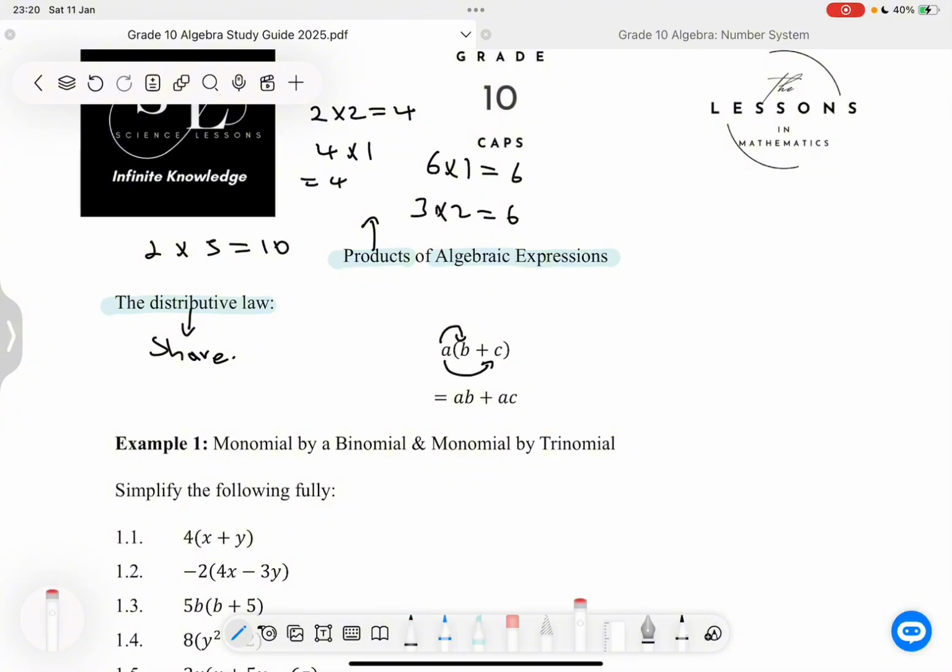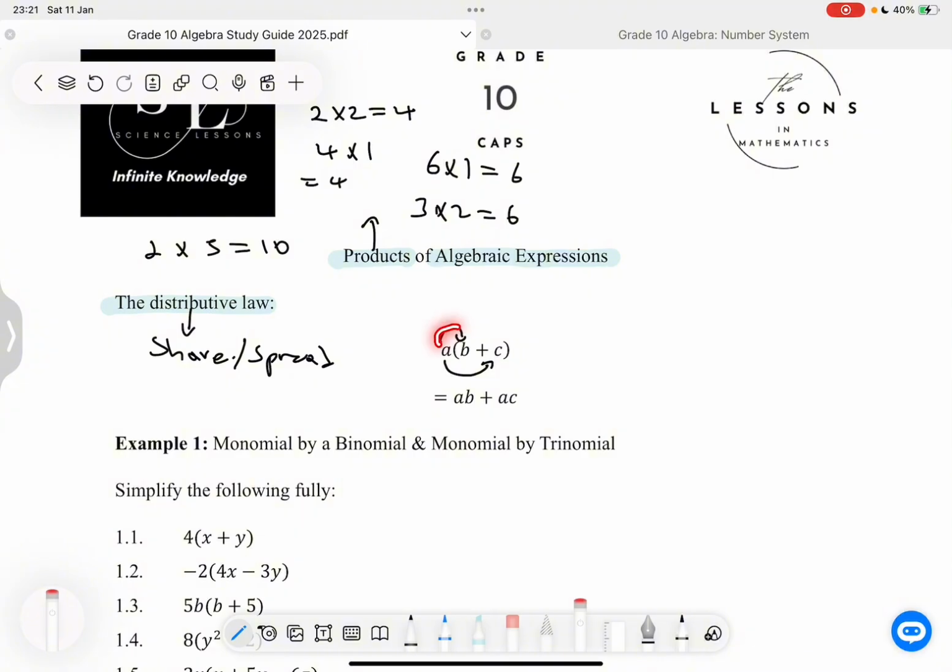It has to be shared between A and B. It has to spread. Another way of understanding distribute is that you spread. It has to be spread between A and B and C, I meant to say.